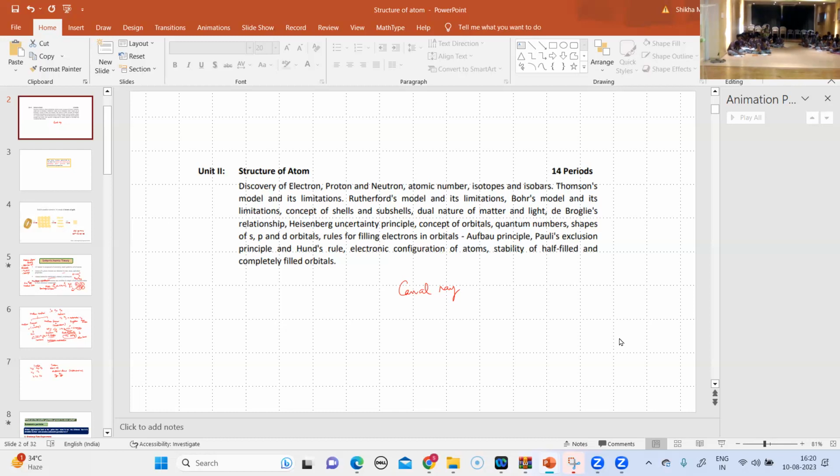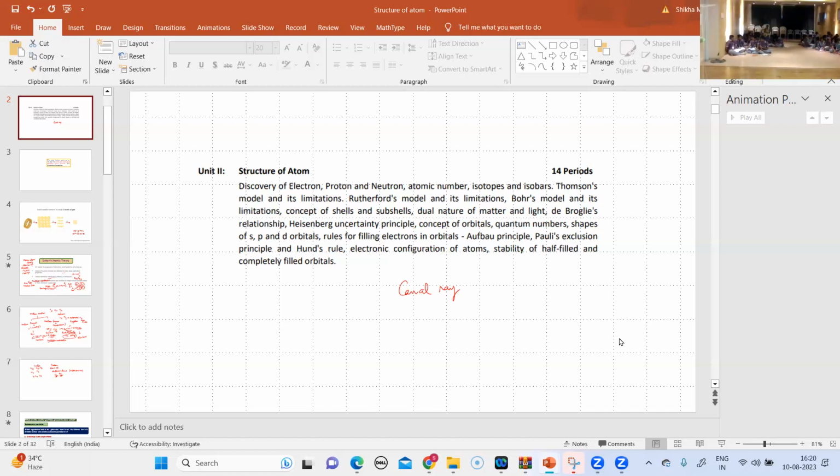Canal rays were used for the discovery of proton and electron. We will talk about them in detail in the next class. Ma'am, the electron was discovered by discharge tube experiment, ma'am. Yeah. Cathode ray. Yeah.